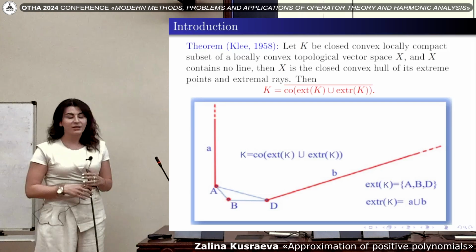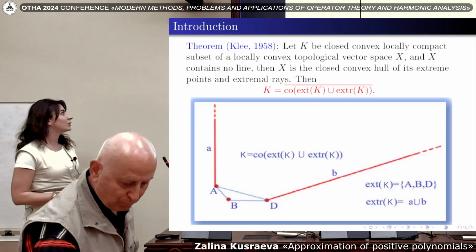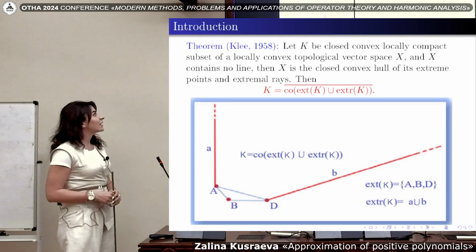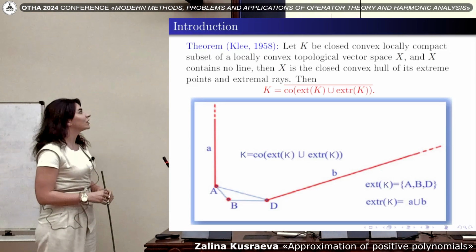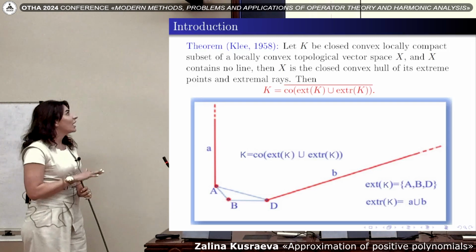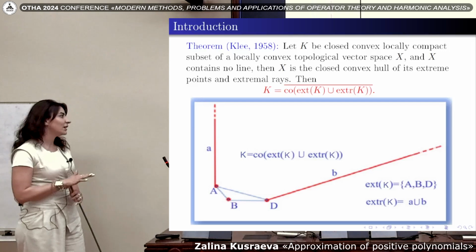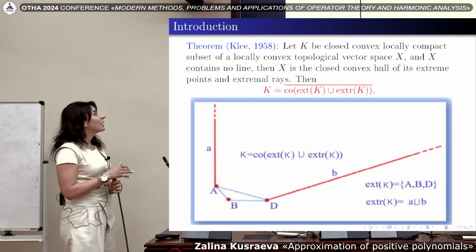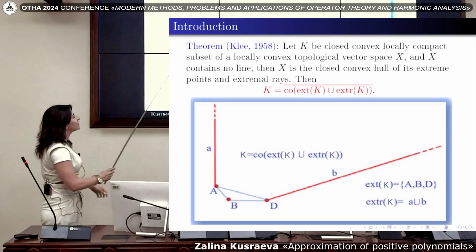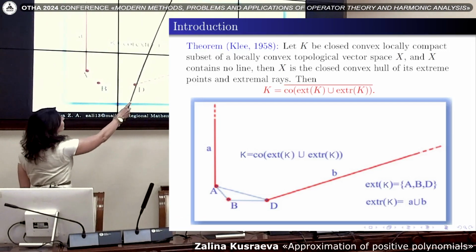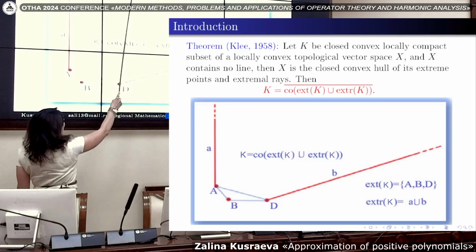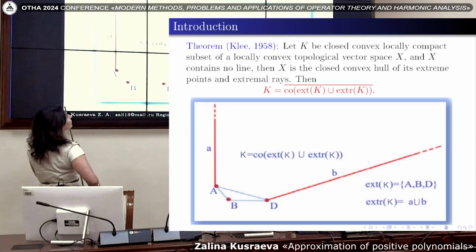This is a direct corollary of the Klee theorem, proved in 1958, which says that if K is a closed convex locally compact subset of a locally convex topological vector space, and it does not contain straight lines, then it coincides with the convex hull of the union of its extreme points and extreme rays. And of course, it is the closed convex hull.